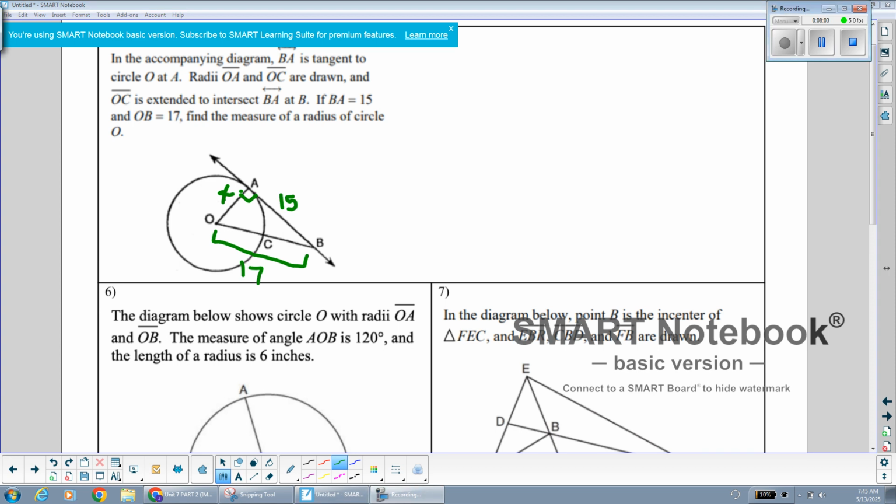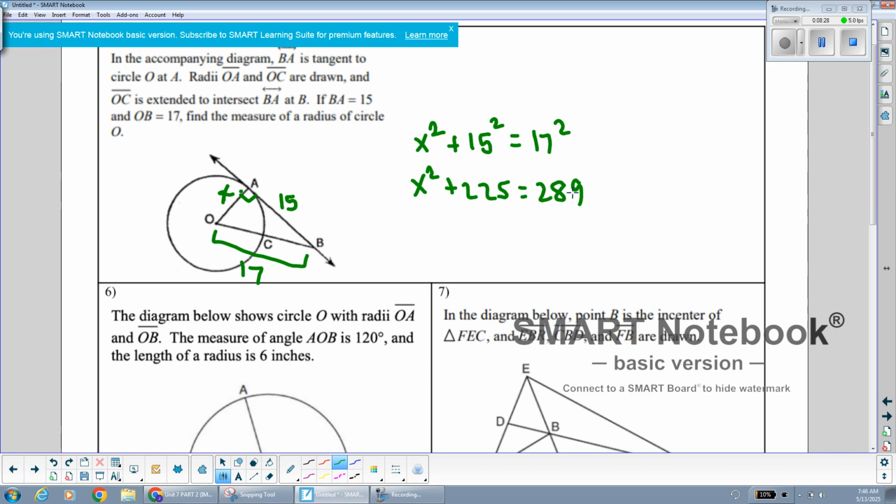So I'm going to do that over here. I'm going to do x squared plus 15 squared equals 17 squared. Make sure that you do put 17 in for c as it is the hypotenuse of that right triangle. So we have x squared plus 225 equals 289.